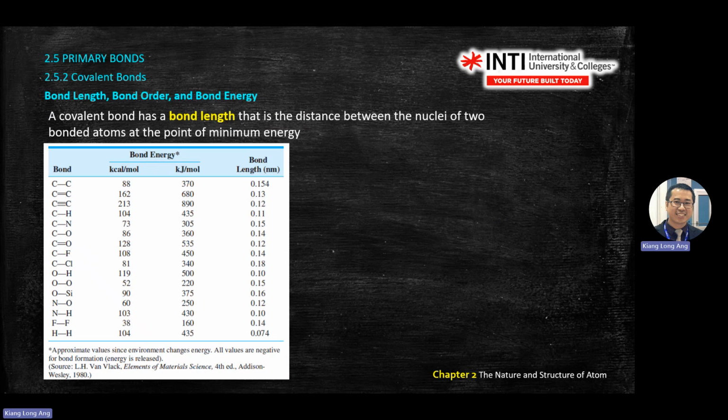Now, what is this value important for? This value is important to calculate A sub 0, which is the distance between two atoms. Okay? And this one gives you the minimum energy.